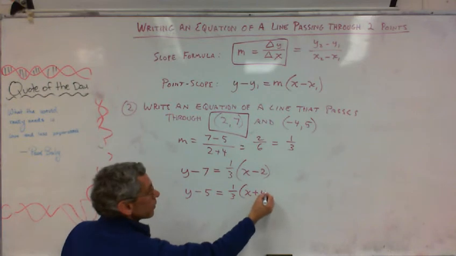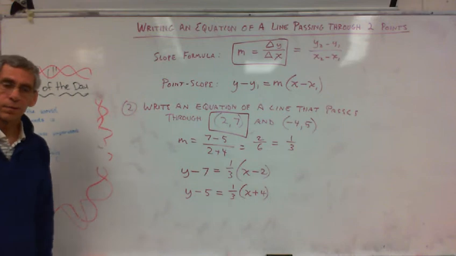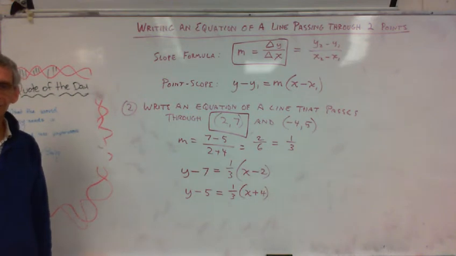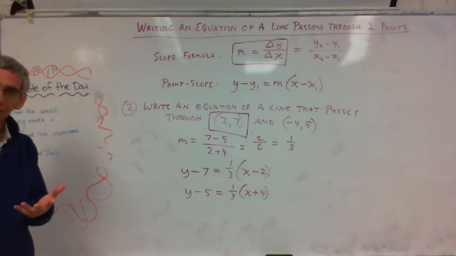So plus 4. Good job. Oh, that makes so much more sense. Adam, I don't know what you did, but you just turned on the light bulb. That's amazing. It makes sense to you now.